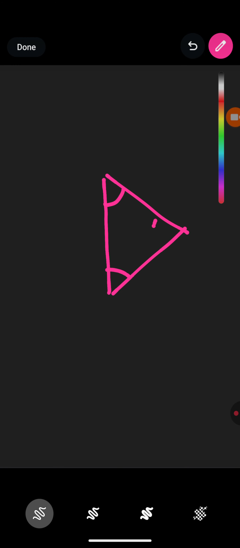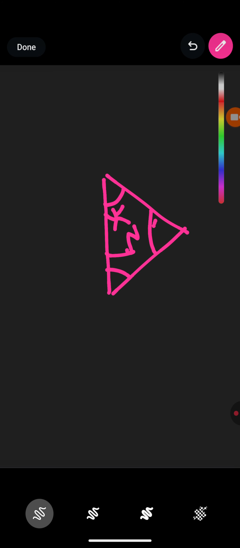So here are more properties about angles in a triangle. Angles in a triangle, if you have this, this, and this, and you add them, you get 180. So if you do x plus y plus z, they'll give you 180.